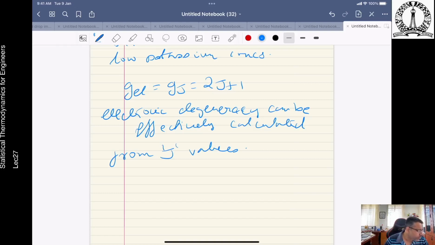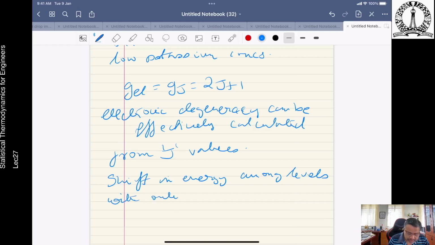However, if you recall the table that I just showed, the shift in energy among levels with only changes in J is usually very small.